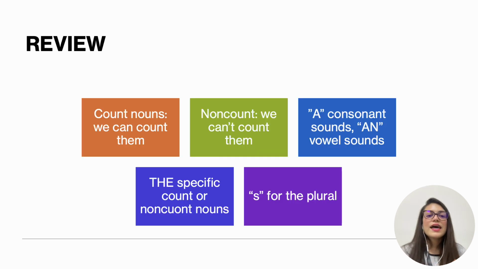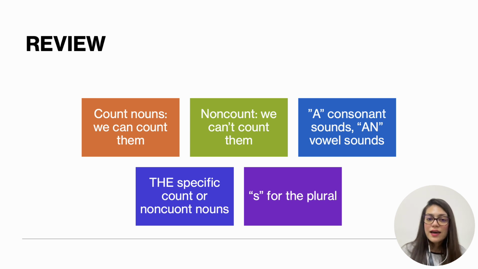And finally, a quick review of the topic we saw today. So remember, the count nouns are those nouns that we can count, okay? We can say 1, 2, or 3, okay? We can count them. And the non-count nouns, we can't count them, okay?